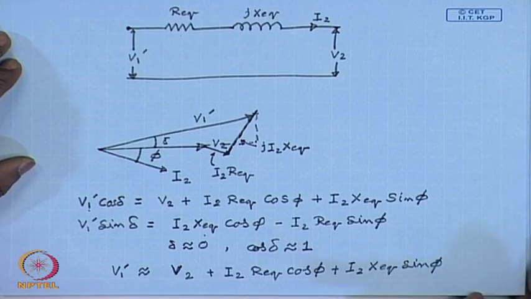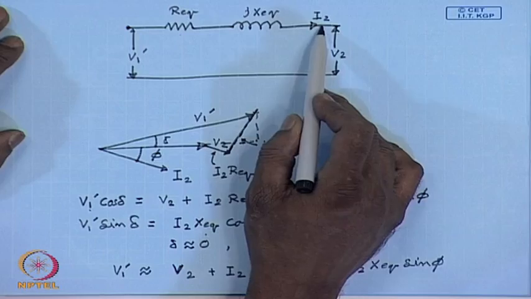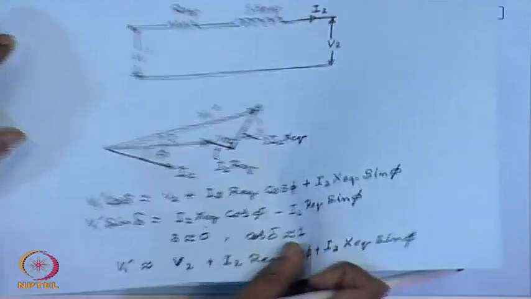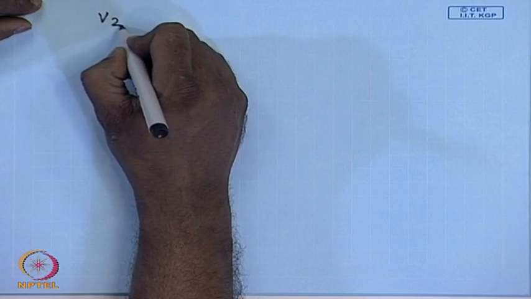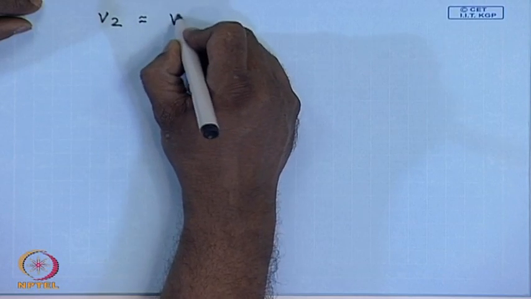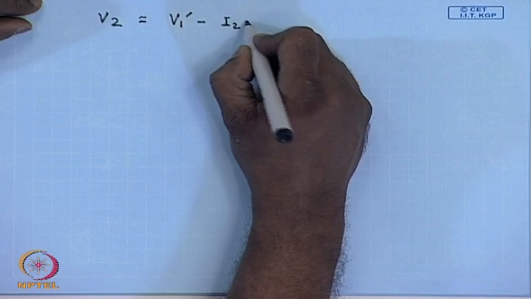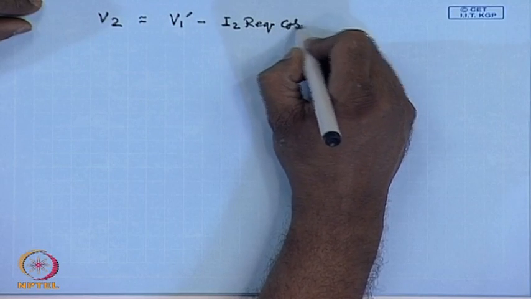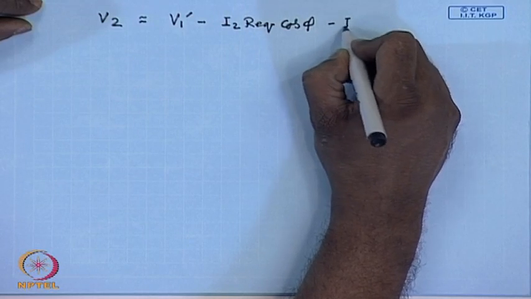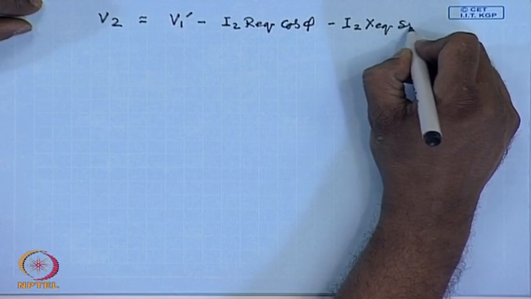So at a load current I2, the load voltage V2 is given by V2 approximately equal to V1 dash minus I2 Req cos phi minus I2 Xeq sin phi.